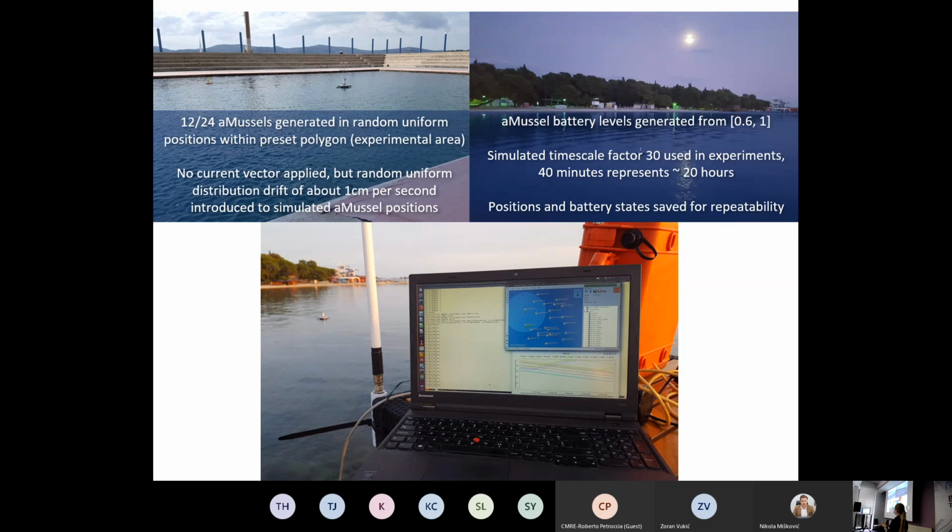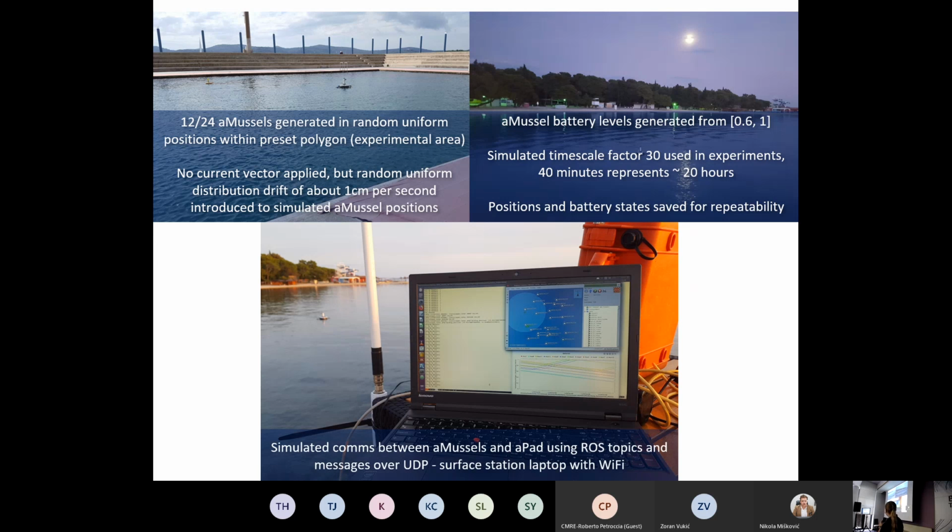And all of these positions and battery states were saved, and all the experiments were done many times. Finally, there was the surface station, which basically played the role of the aMussels to the APAD in the actual sea, communicating using this very powerful antenna here.